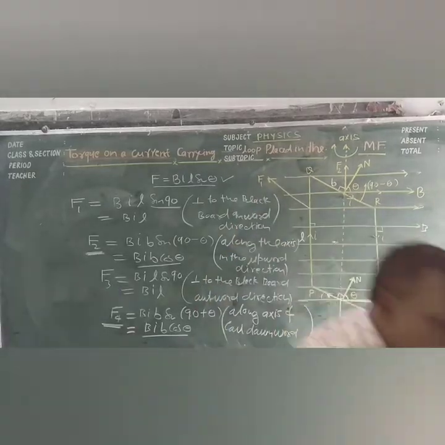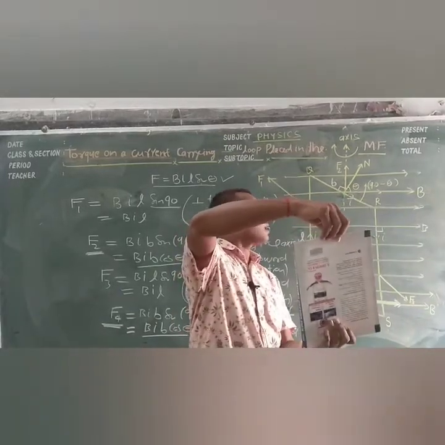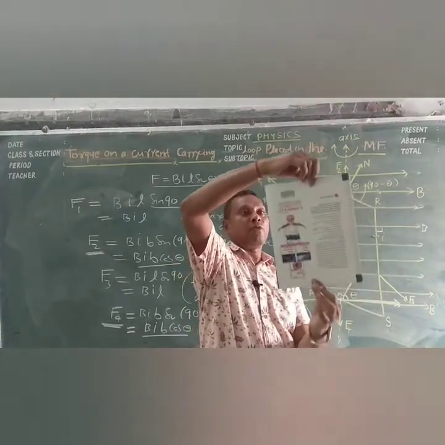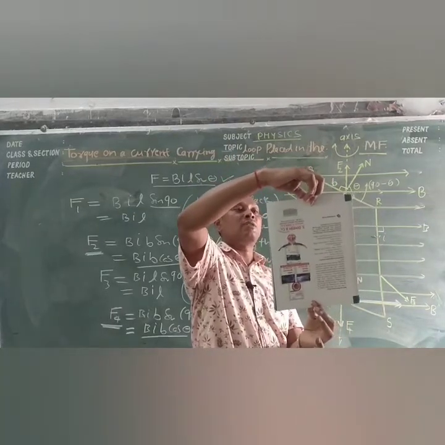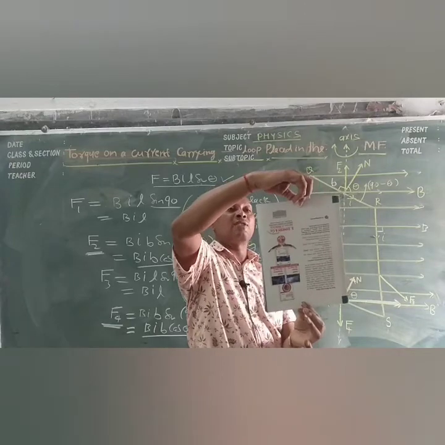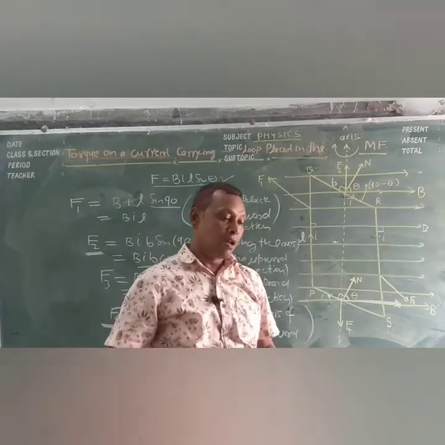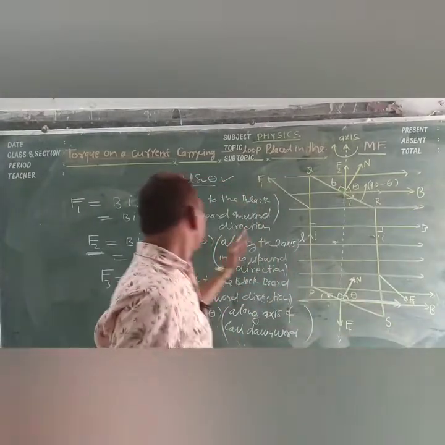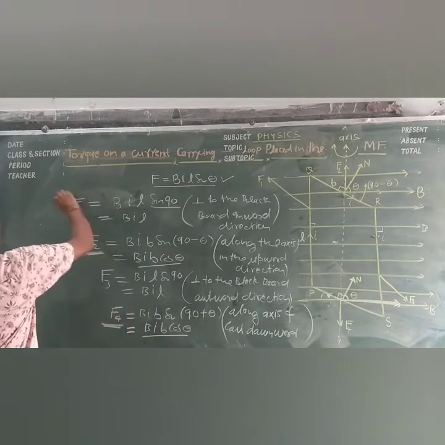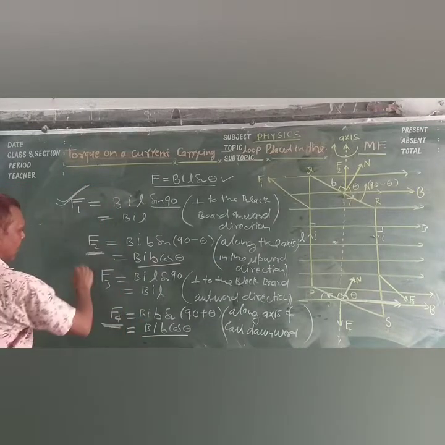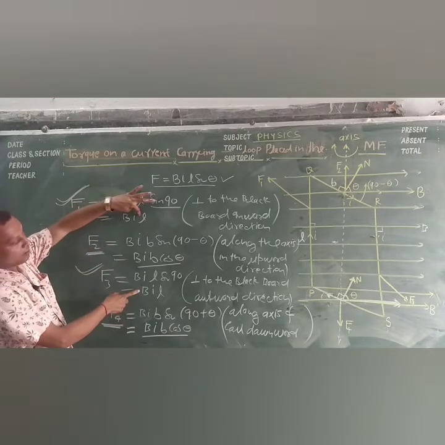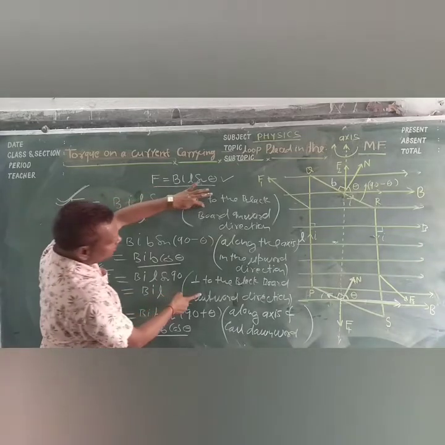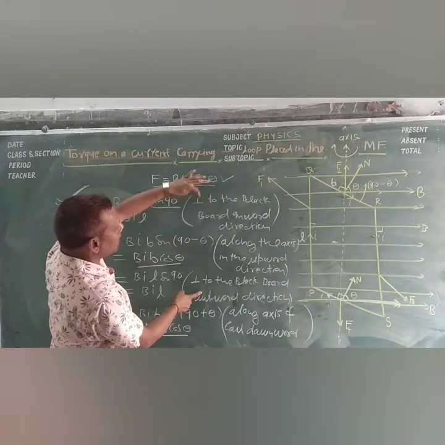These forces are this type. This is your F2 and F4. So F2, F4, these are equal, opposite and collinear, so they cancel out each other. The remaining two forces F1 and F3 are also equal and opposite.